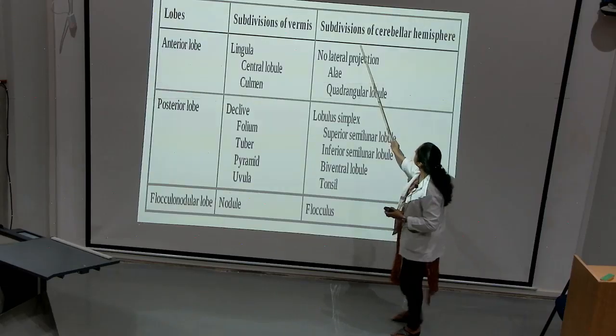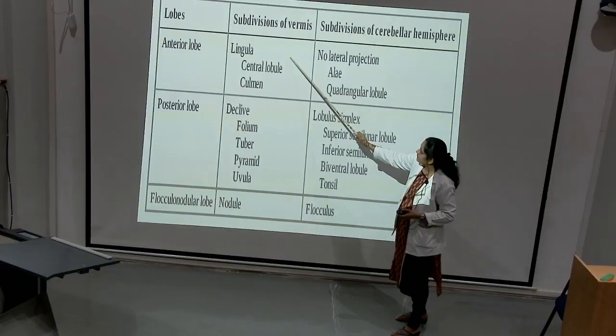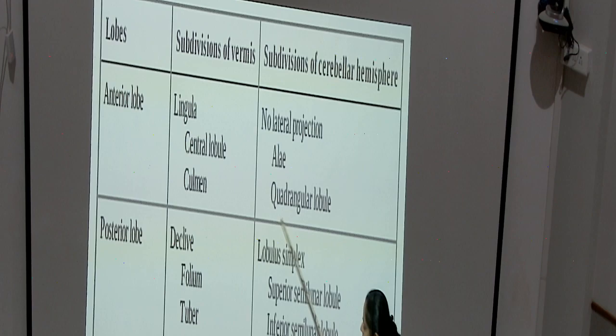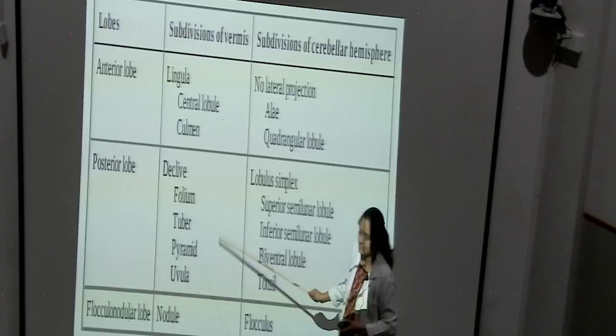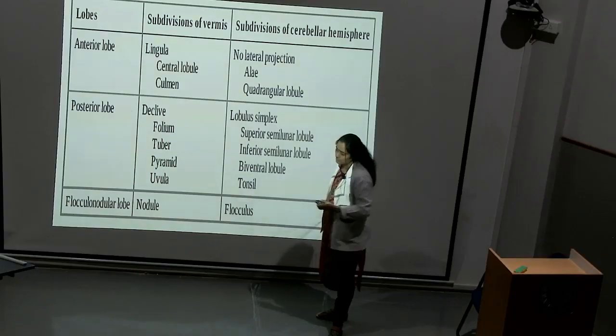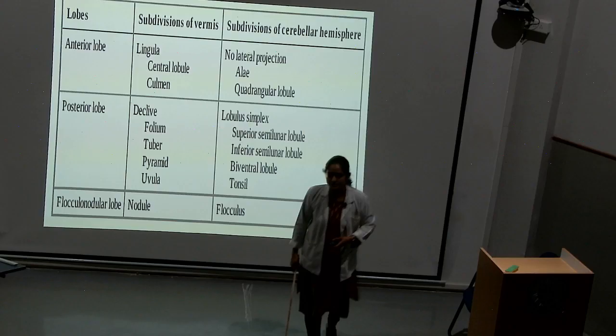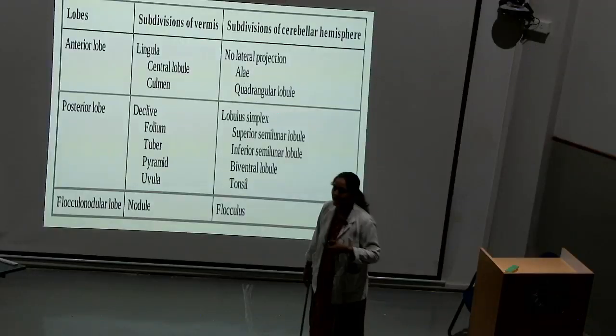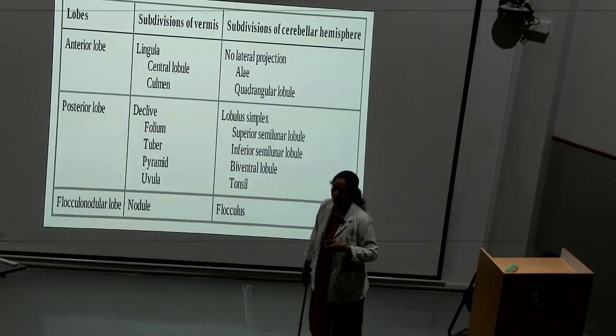And on the cerebellar hemispheres, lingula does not have any lateral projection, central lobule and culmen are as follows. So, for each lobe, there is a subdivision of the vermis and its corresponding subdivision of the cerebellar hemisphere. This forms what is called the anatomical subdivisions of the cerebellum.